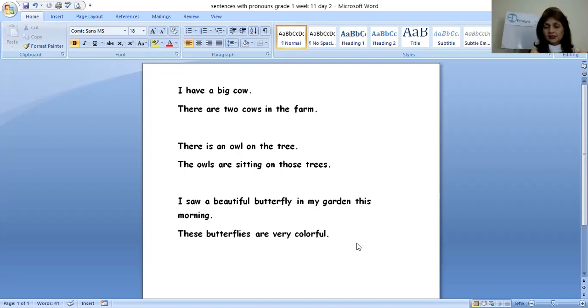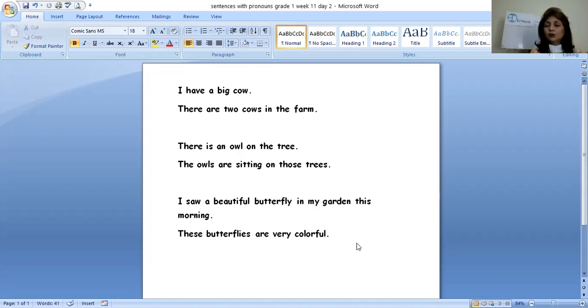Check the first 2 sentences first. In the first sentence, I have used cow, that is 1 cow. Whereas in the second sentence, I have used 2 cows. So the nouns are the same, but one is a singular noun and the other is a plural noun, right? What about the second one?